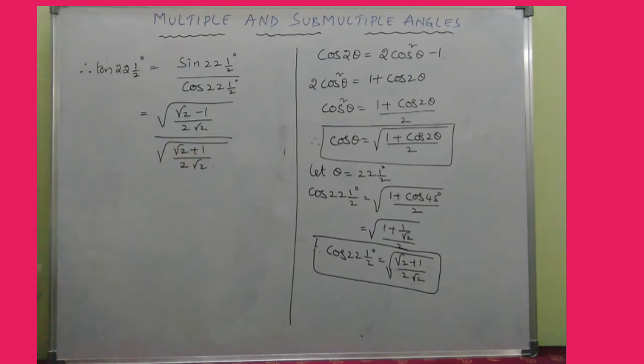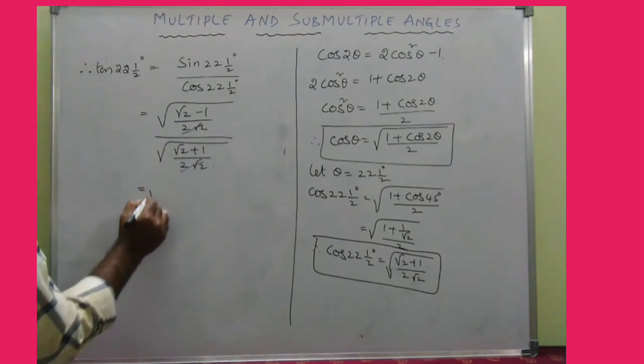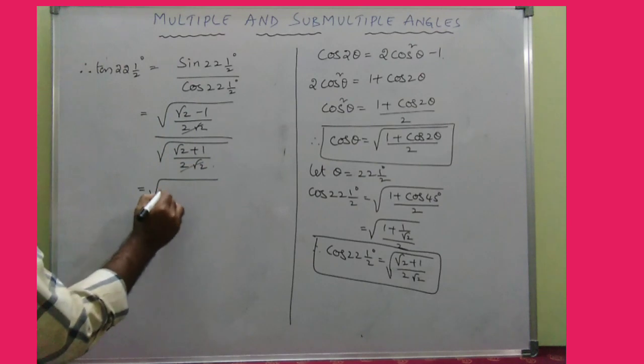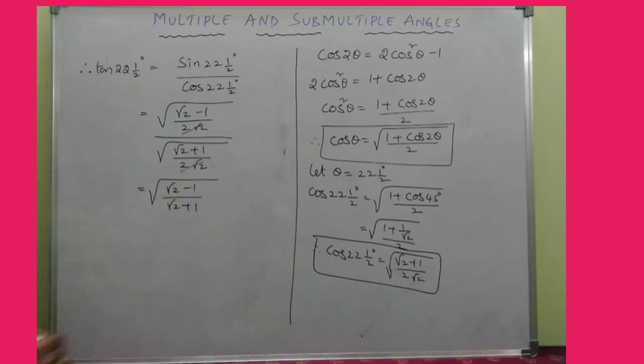Under the root, 2 root 2 gets cancelled. It can be written as root of (root 2 minus 1) by (root 2 plus 1). So actually this is the value of tan 22 and a half degrees.